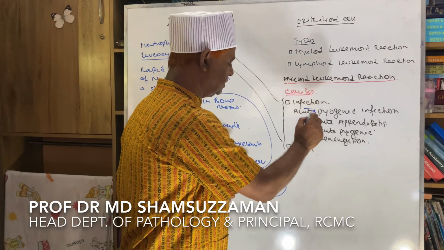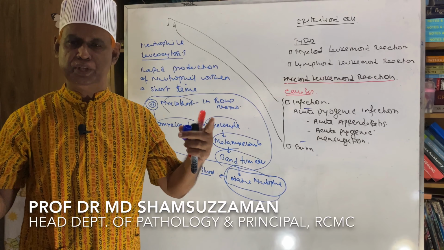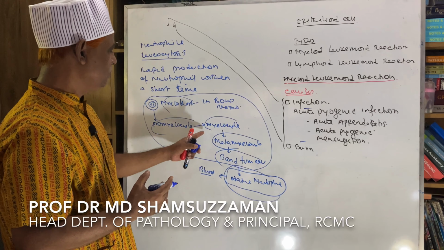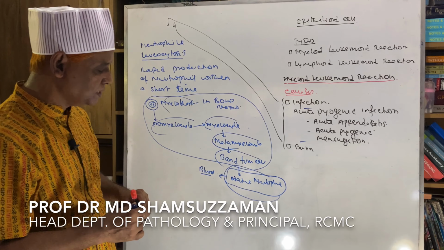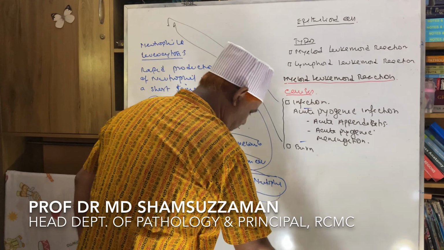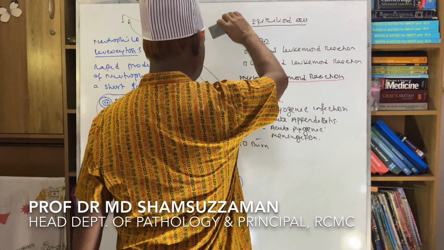Due to rapid production of a huge number of neutrophils, some immature cells along with the massive neutrophils come from bone marrow in blood, and this is the blood picture of myeloid leukemoid reaction.